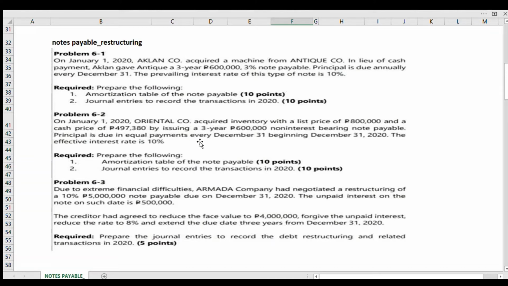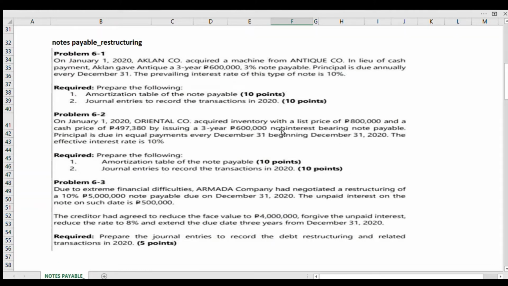At this point, we already know the equal payment is going to be 200,000 per year, because 3 annual payments come from the 600,000 outstanding, so 200,000 per year. It will start from the first year, December 31st, 2020. The effective rate of interest is still 10%. The requirement is the amortization table again and the journal entries.